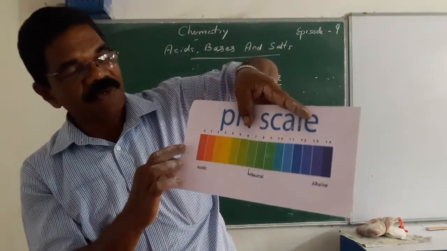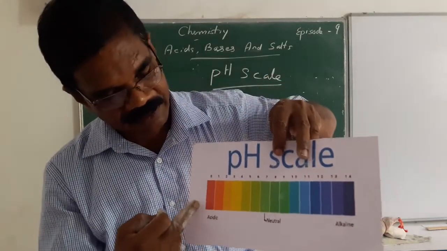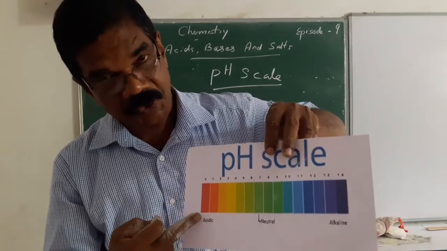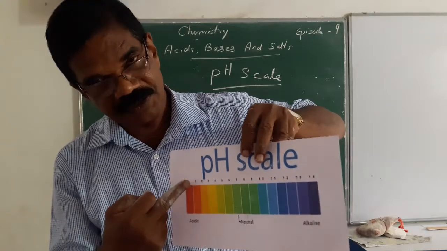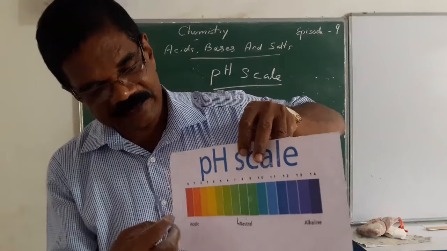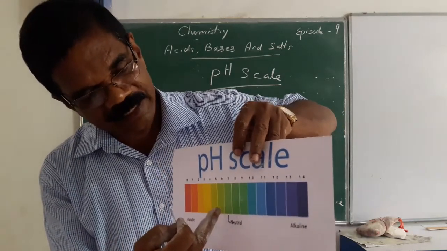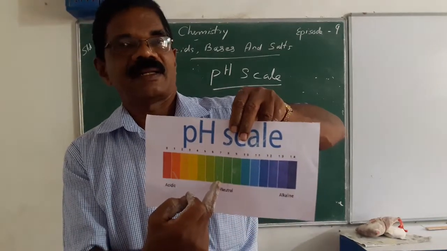The pH value ranges from 0 to 14. At 0 or 1, it is a strong acid. The acidity decreases and at 7 it becomes neutral.